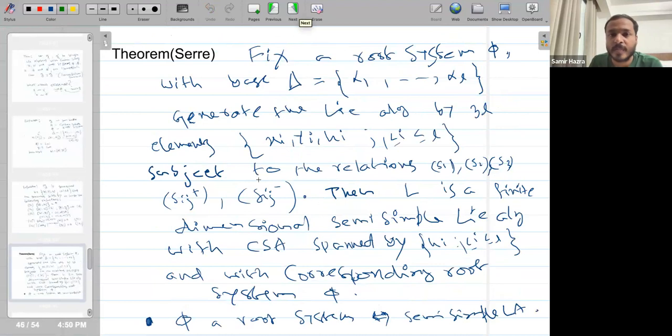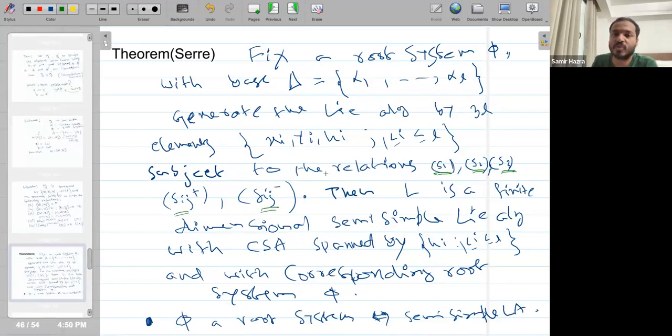Basically we start with a root system phi, and we want to construct a semi-simple Lie algebra of which this is the root system. So we must start with a root system phi. Once we have phi, we can choose a base alpha 1, alpha 2 till alpha L, and generate the Lie algebra by these 3L generators xi, yi, hi, and force them to satisfy the relations S1, S2, S3, Sij plus, Sij minus.